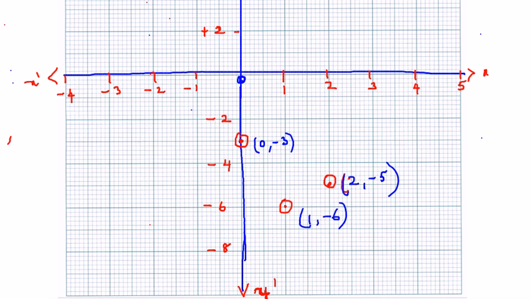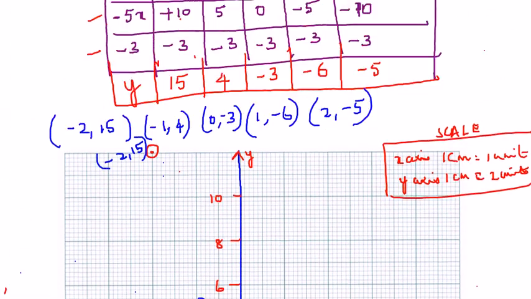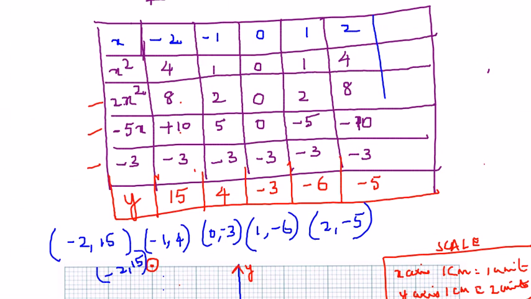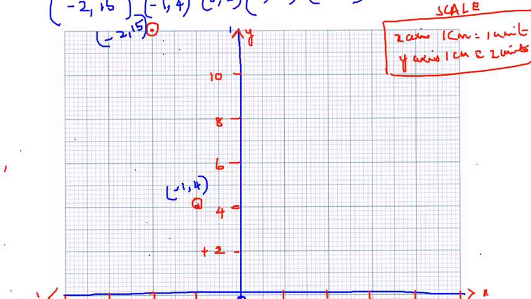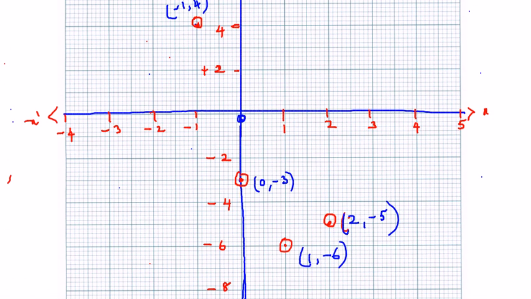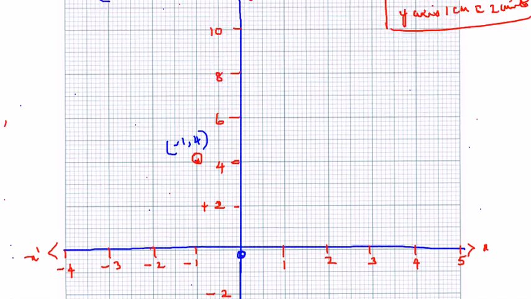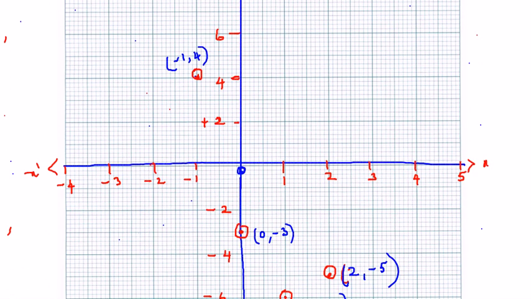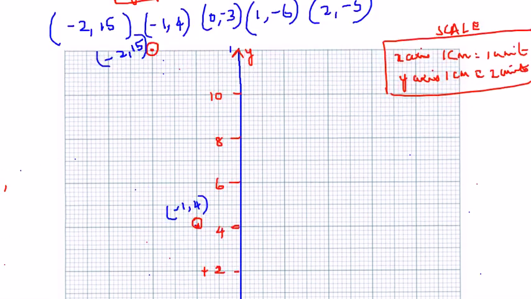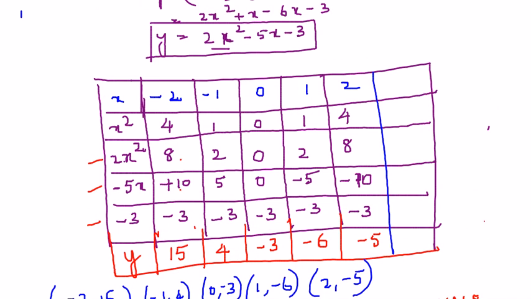Do I have any other points? No, I did it only up till 2. But you see the problem here. If I go only up till 2, minus 5, I get a curve which is not crossing the x-axis. So you have to ensure that you provide sufficient coordinates for x, so that your curve crosses the x-axis.